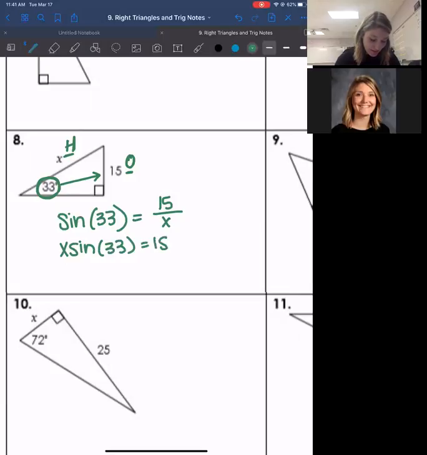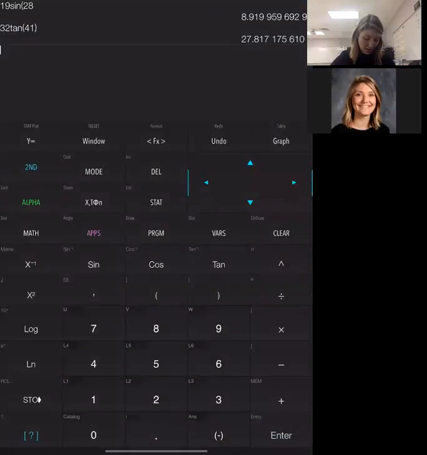And then to get x by itself, I'm going to end up dividing by that sine of 33. So this is going to be 15 over sine of 33. And so then I'm going to go to my calculator and do 15 divided by the sine of 33. So 15 divided by sine of 33 and enter, and I get 27.5.